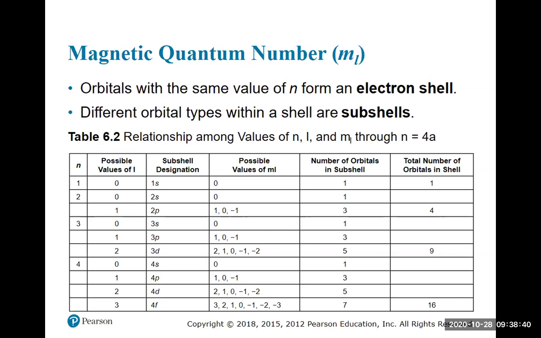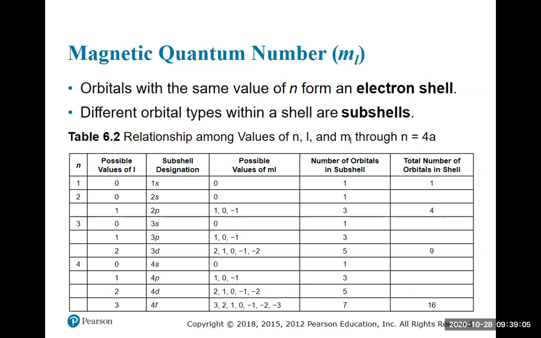There's 3 for p, that's 1, 0, minus 1. So from the p subshell we have 3 orbitals, from the s subshell we have 1 orbital, and that's a total of 4 orbitals in this n equals 2 shell.